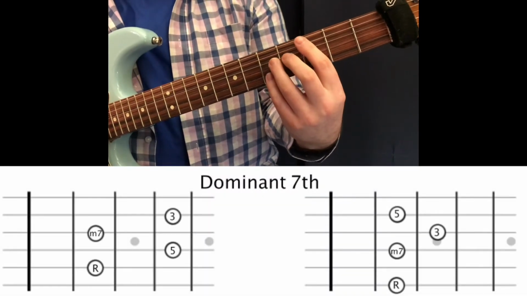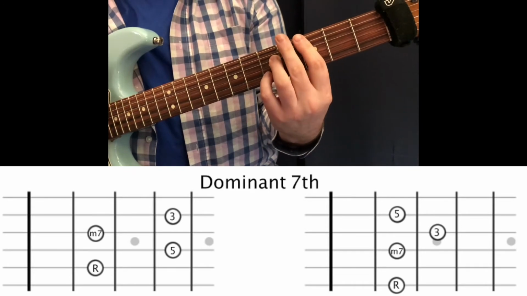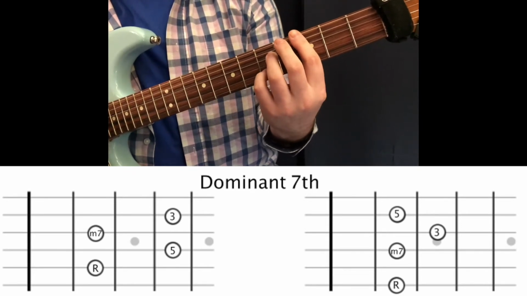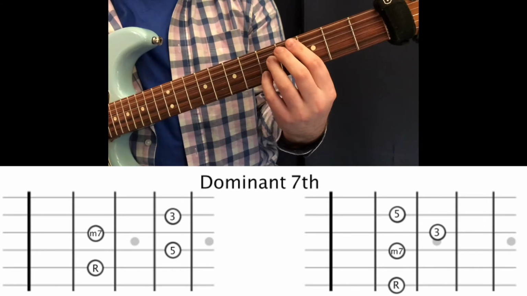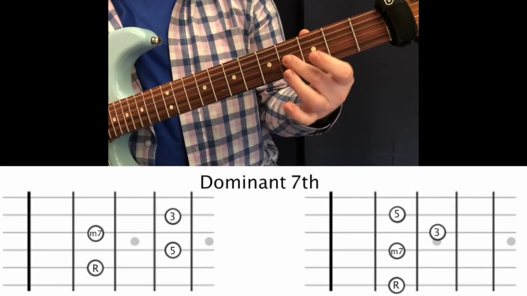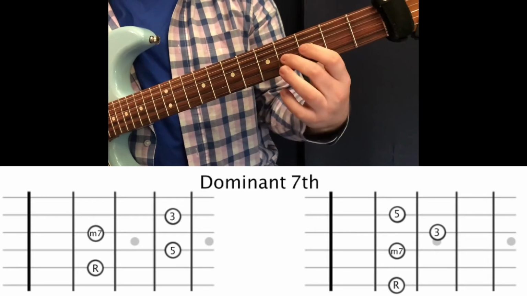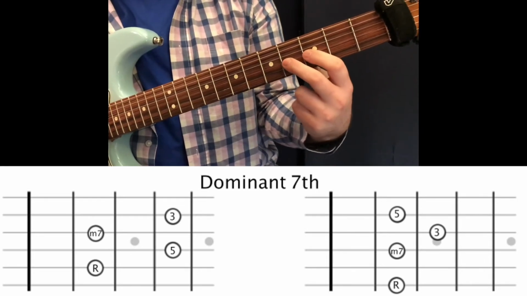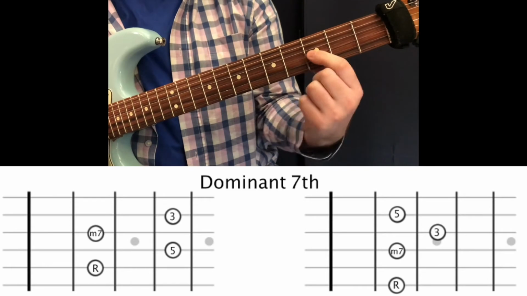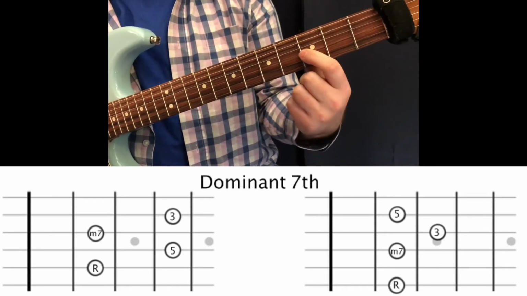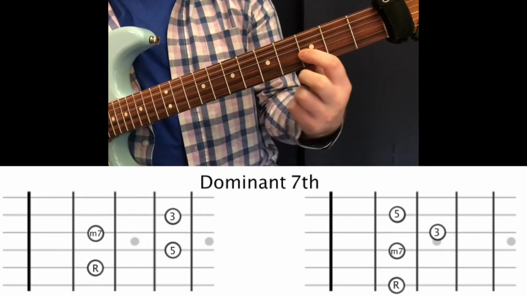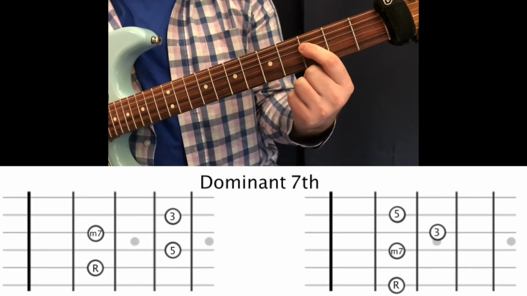For a dominant chord, that is a major triad with a minor 7th. So the minor 7th, just like the major 3rd to minor 3rd relationship, it's going to be 1 fret lower than your major 7th. So in the case of C, it's the note B flat, and in the case of G, it's the note F natural.